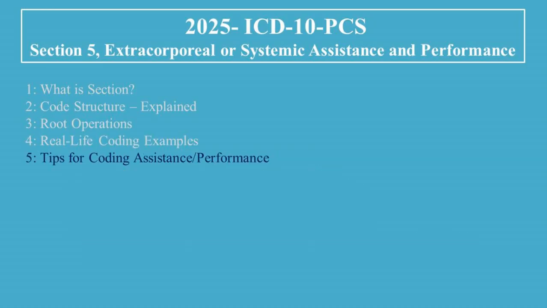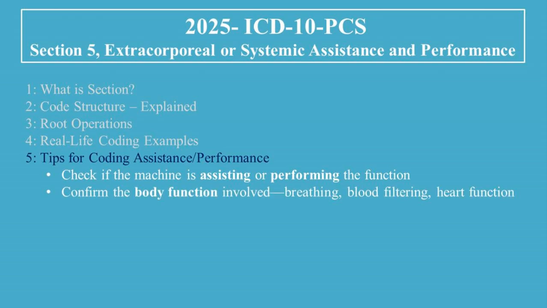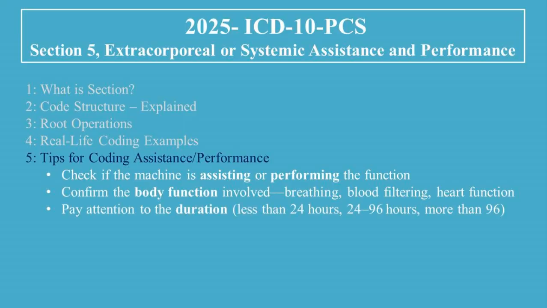5. Tips for coding assistance/performance. Here are some quick tips to help you code Section 5 correctly. Check if the machine is assisting or performing the function. Confirm the body function involved: breathing, blood filtering, heart function. Pay attention to the duration: less than 24 hours, 24 to 96 hours, more than 96 hours.